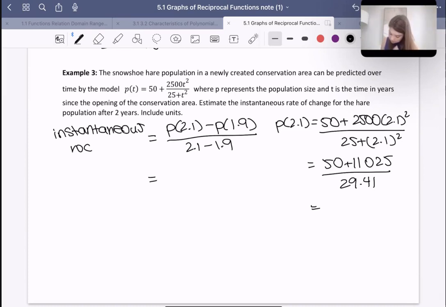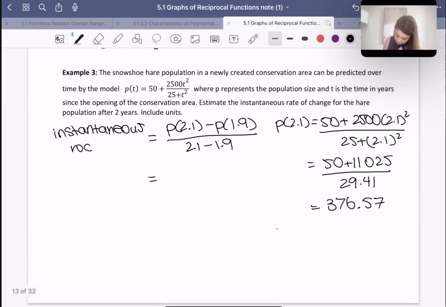So that's going to be equal to, let's see, 50 plus 11,025 divided by 29.41 is 376.57 approximately. So there we go. So that's what we're going to have for P of 2.1.